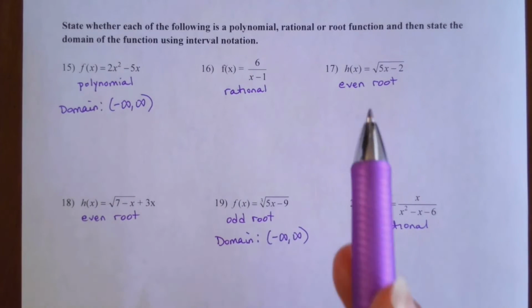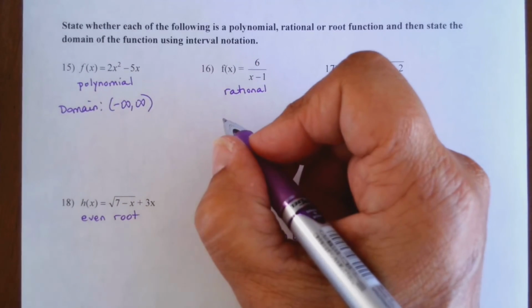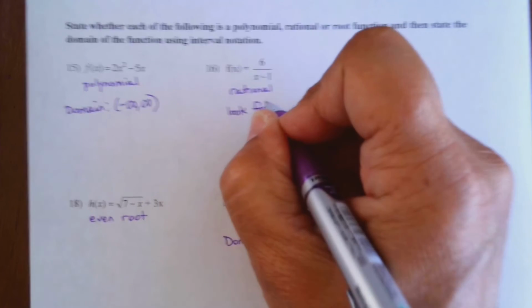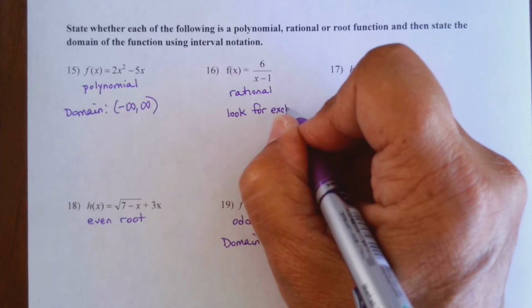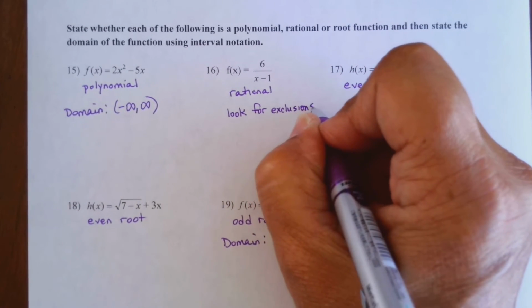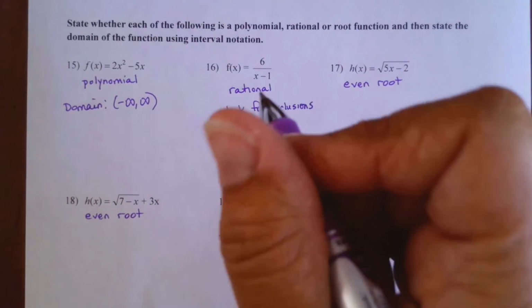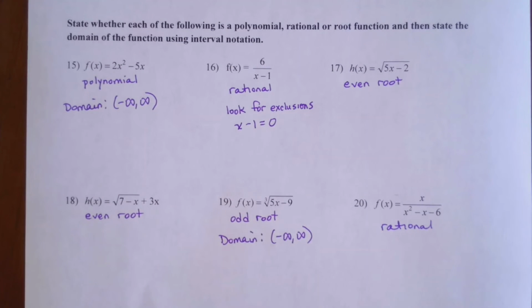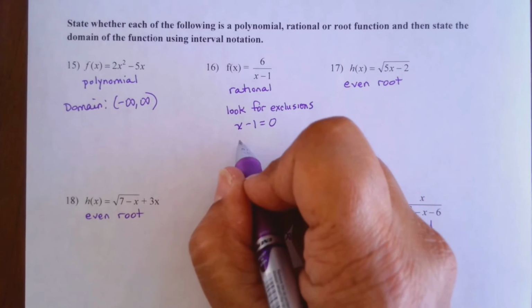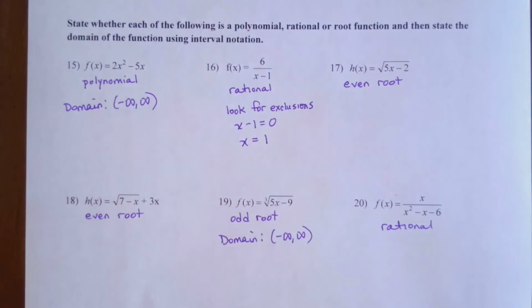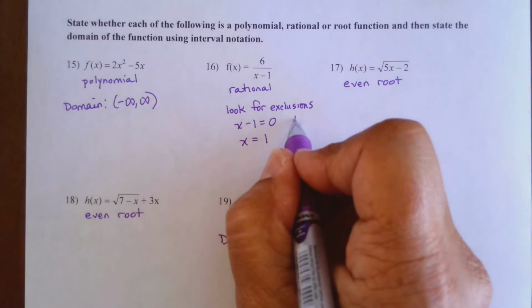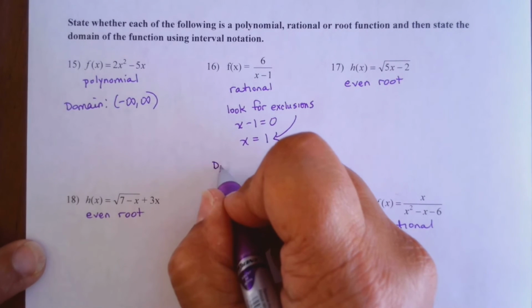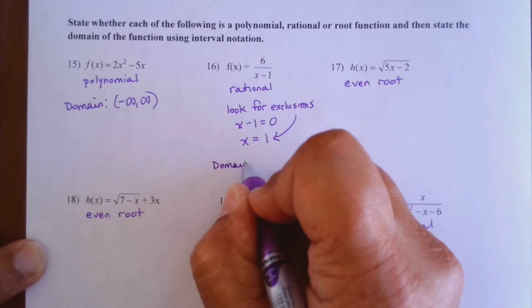So for a rational function, remember we need to look for the exclusions. So how do we find the exclusions? We set what's in the denominator equal to 0 and solve that. So move that -1 over the equal sign, it becomes positive. So that's your exclusion. Your domain is all real numbers except for 1.